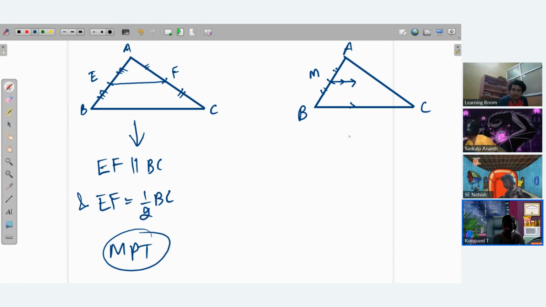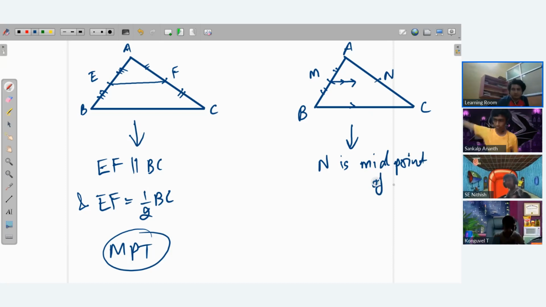Then I can say that it is going to hit at the midpoint of AC, N is the midpoint of AC, and MN is half of BC. This is called the converse of the midpoint theorem.